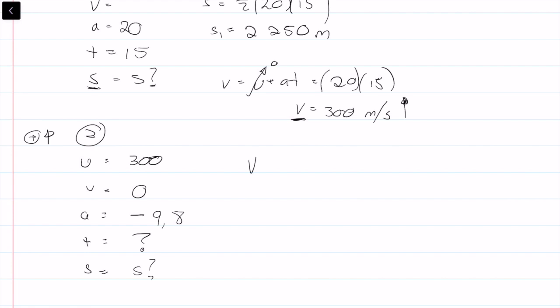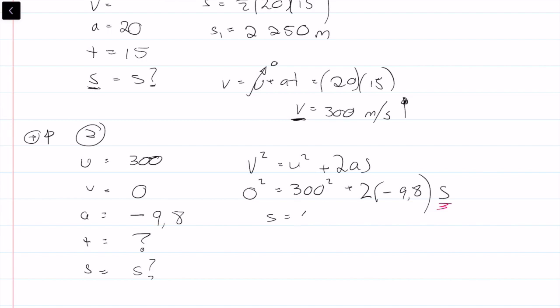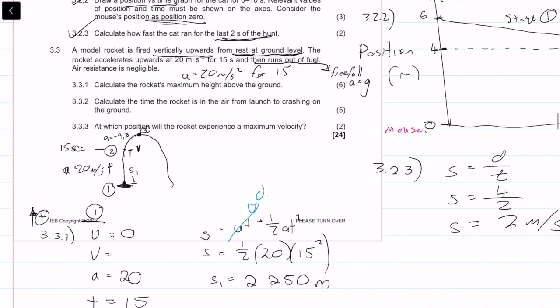This time I'm going to use the equation v squared equals u squared plus 2as. So we have 0 squared is equal to 300 squared plus 2 times minus 9,8 times s. The only unknown in this equation is s, so we can solve for s, which is equal to 4,591,84 meters. I'll label that S2, this distance right here.